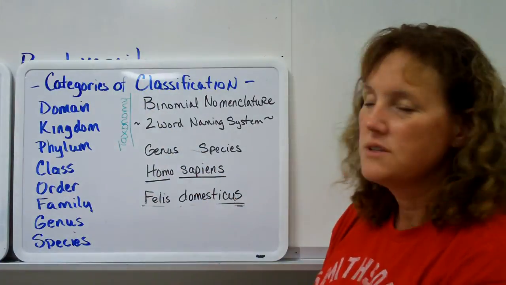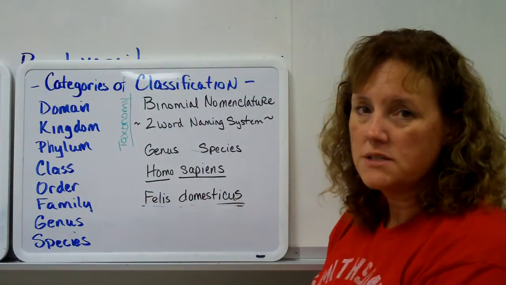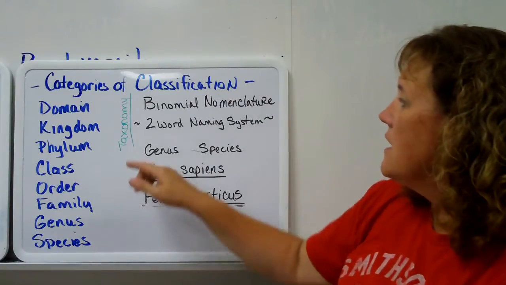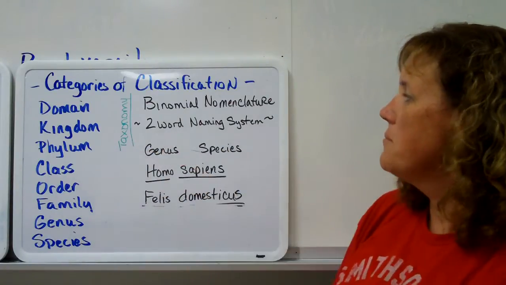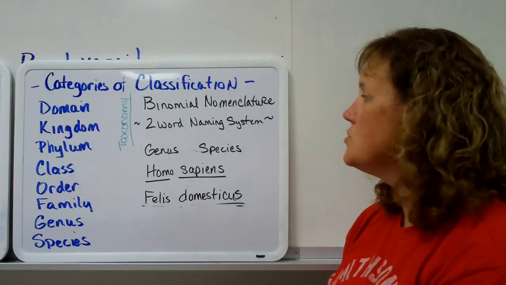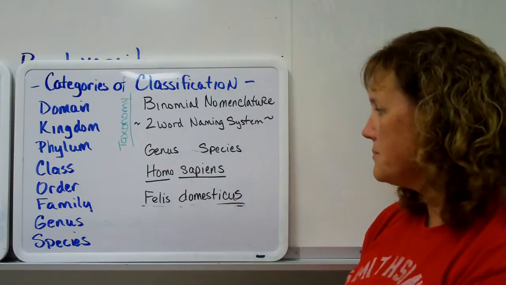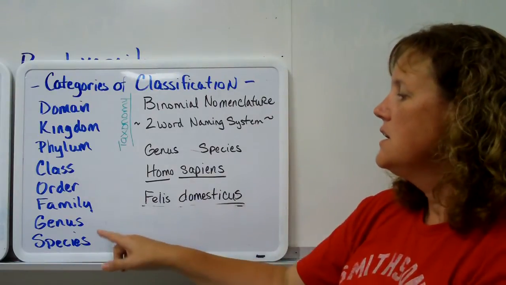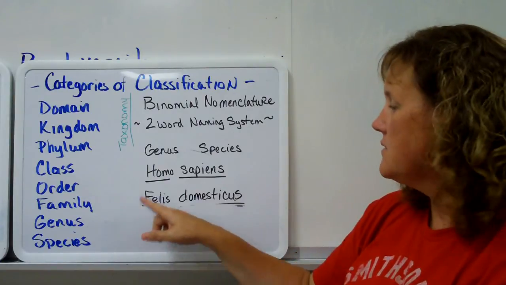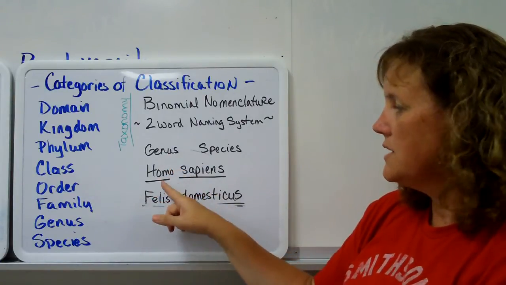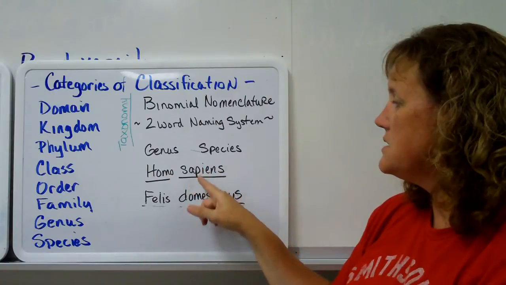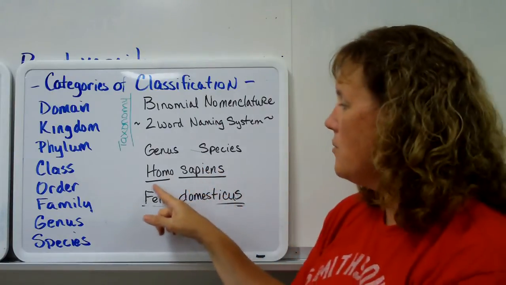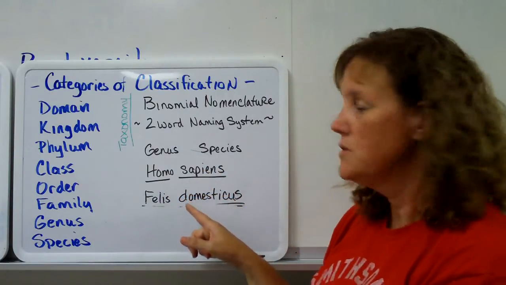Now, in order to name these so we can identify organisms all around the planet, we choose a taxonomy system called binomial nomenclature, which is a two-word naming system. For example, we name everything by genus and species, all living things. So the genus for us is Homo, and the species name is sapiens. So Homo sapiens is what we refer to humans as.